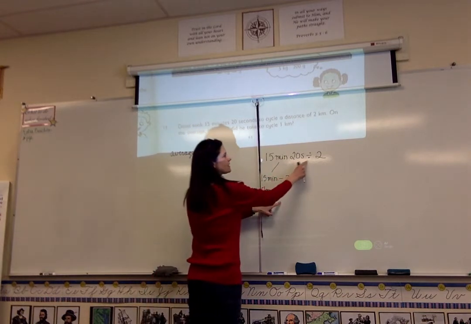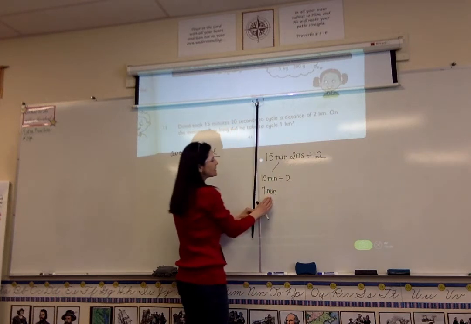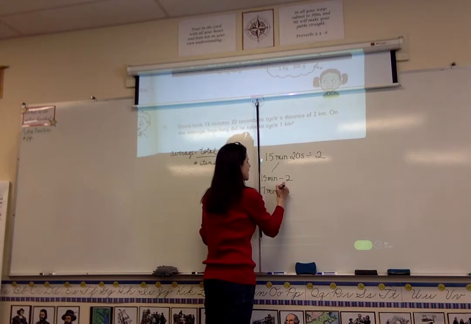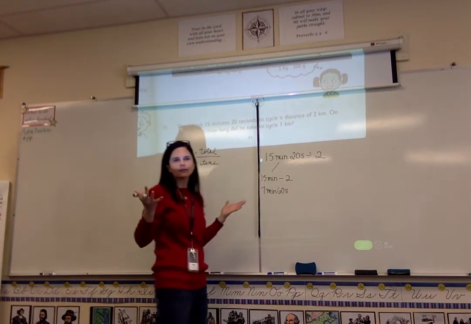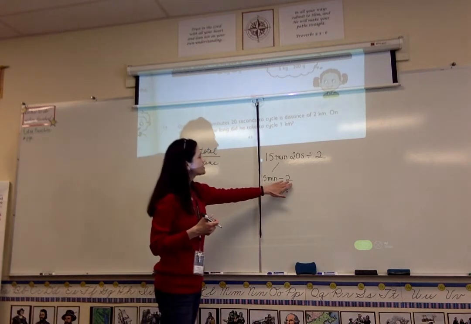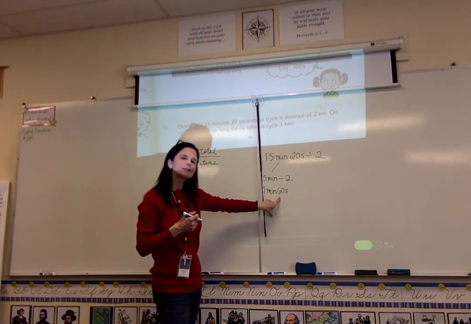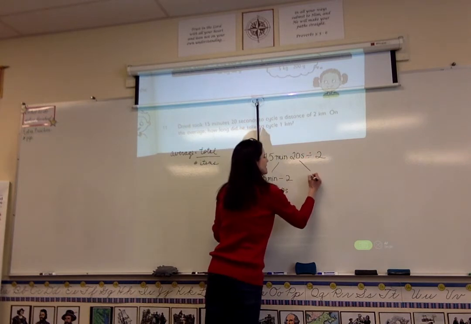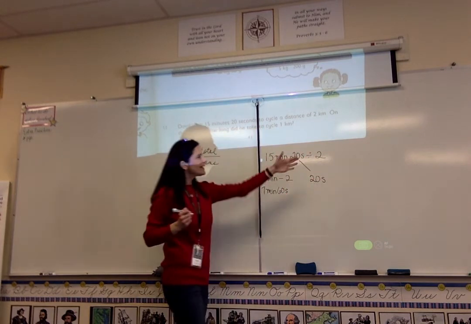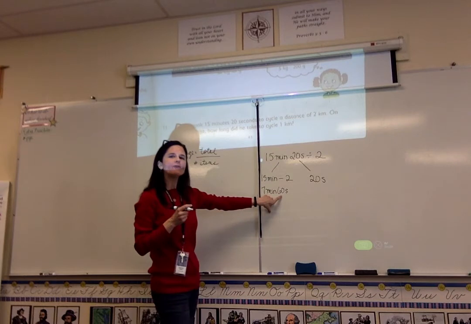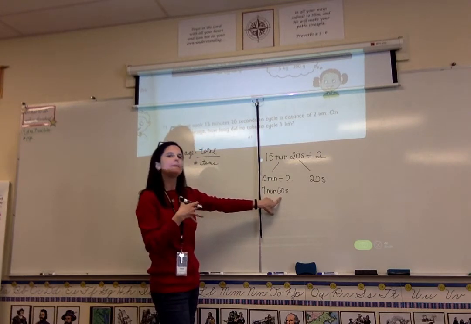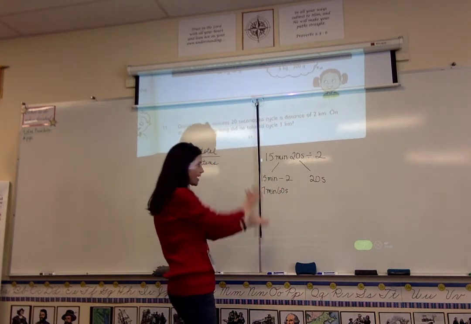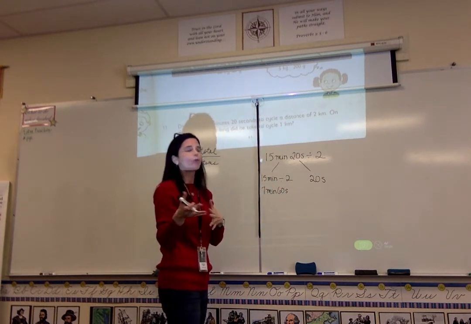Now I know that the second unit is seconds. So I'm going to take that extra minute and I'm going to just express it as seconds. So we know that 60 seconds is equal to 1 minute. So 15 minutes divided by 2 is 7 minutes with 60 seconds left over. Okay, now let's take the 20 seconds. Well, I can divide that by 2, but I still have this 60 seconds left over from my minutes that I can combine with the 20 seconds and just take care of dividing that whole total by 2.